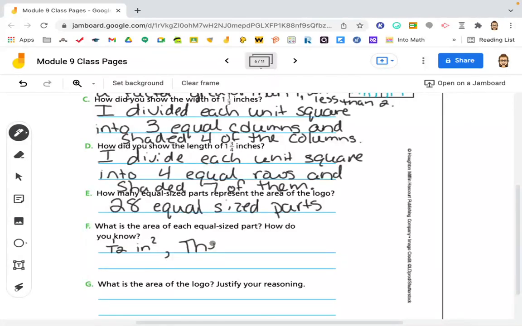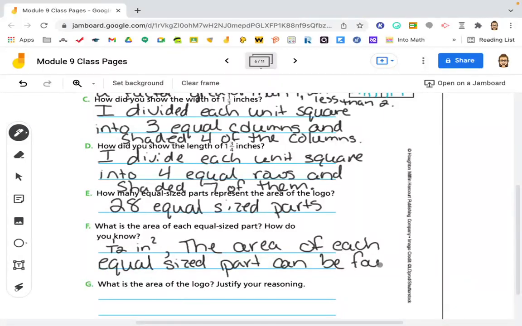So the area of each equal sized part can be found by multiplying 1/4 times 1/3, which if you notice, the 1/4 and the 1/3 are our denominators.